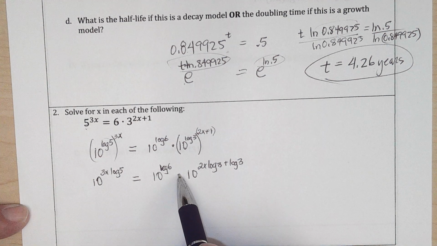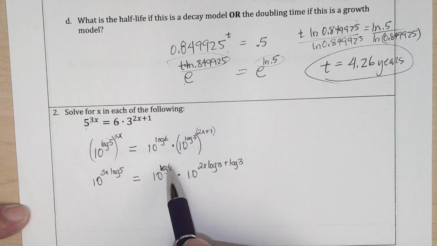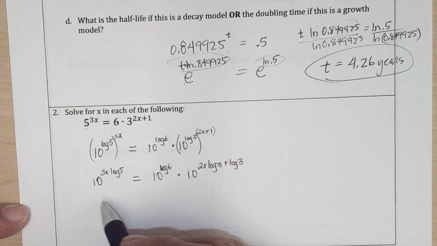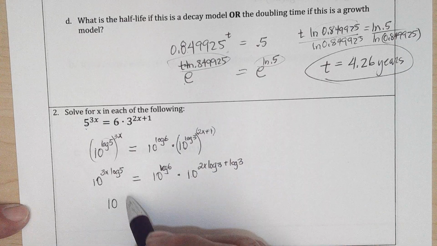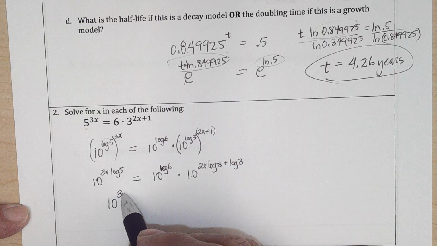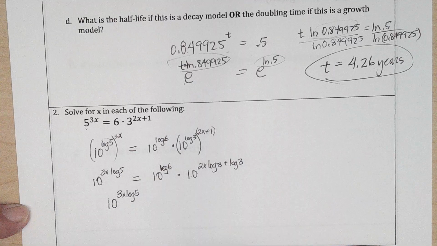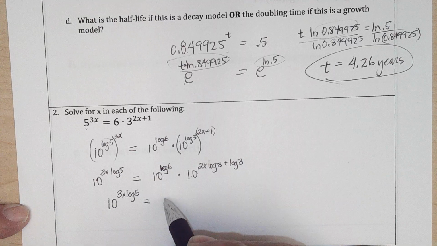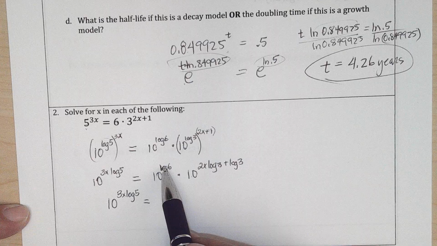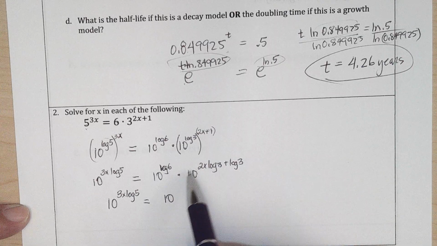Now when you multiply with the same base, you add the powers. So I get 10 to the 3 times x log 5 as the power equals 10. I'm going to add this to this.